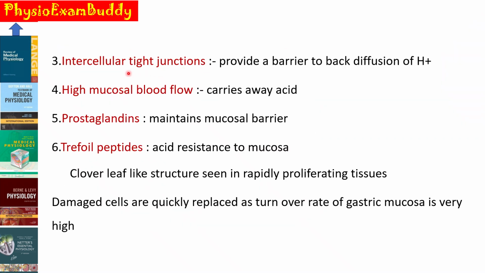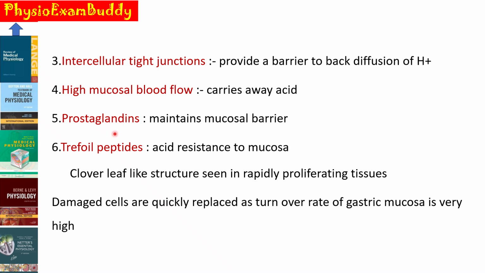Other components of the gastric mucosal barrier include intercellular tight junctions, which provide a barrier for the back diffusion of H+. Then the high mucosal blood flow will carry away the acid from damaging the underlying mucosa.